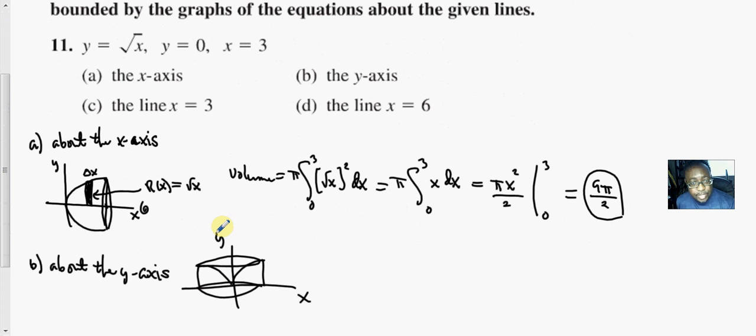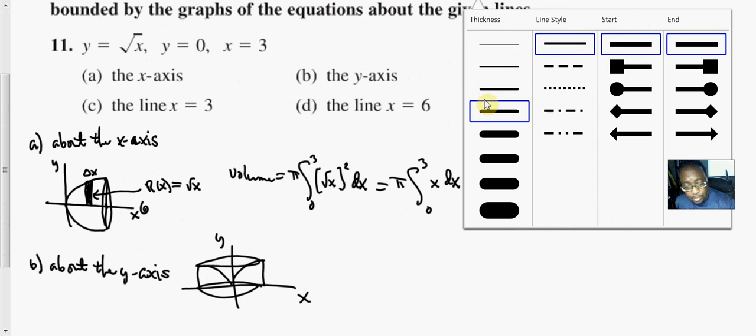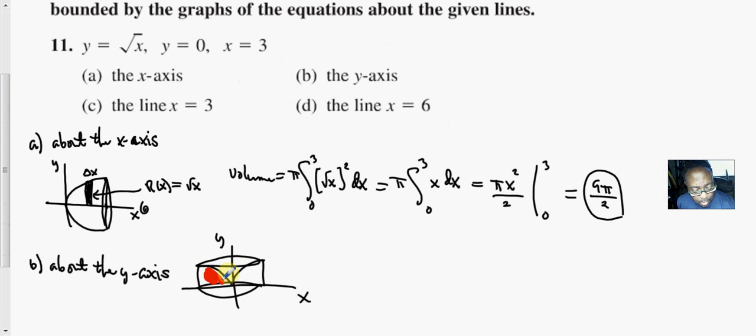In the solid region, and you see the hole there.